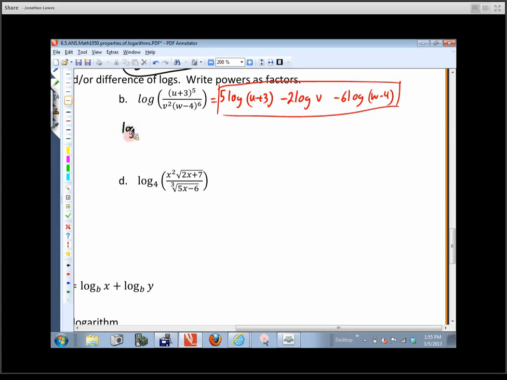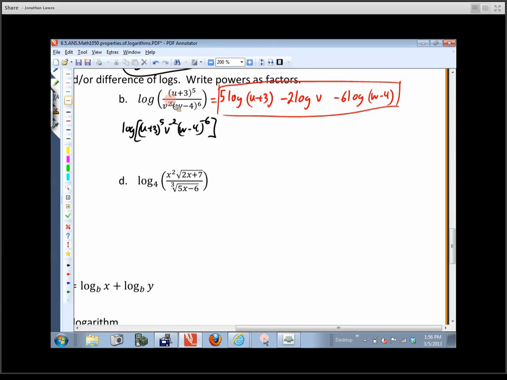Is this okay? Oops, that's a 3. Is that okay? Negative exponent. If I take this and move it on the top, what happens to the exponent?